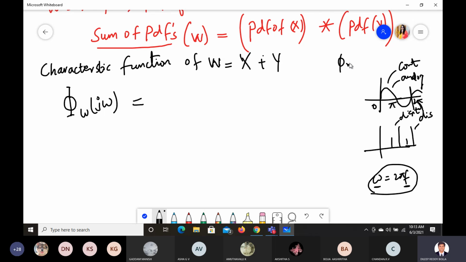We have already seen that phi X of j omega equals the expectation of e power j omega X. Similarly, here we have X and Y, two operands, but in general we will write it as W, replacing X by W. So the expectation of e power j omega W, where W is capital W and this is your omega.